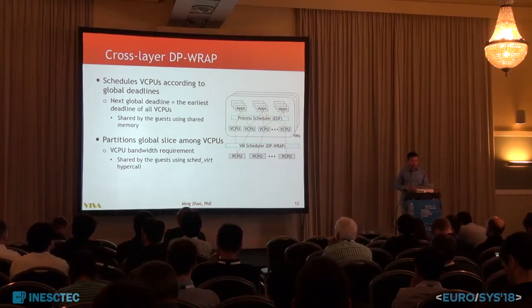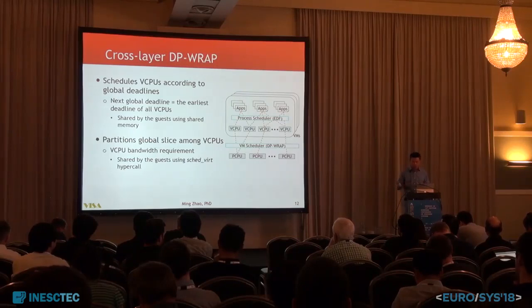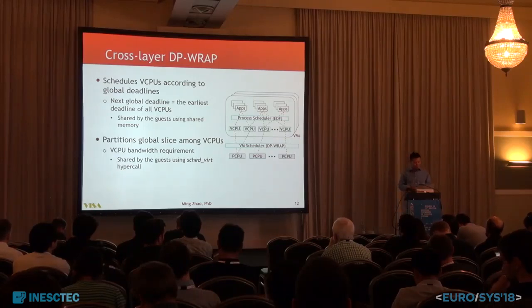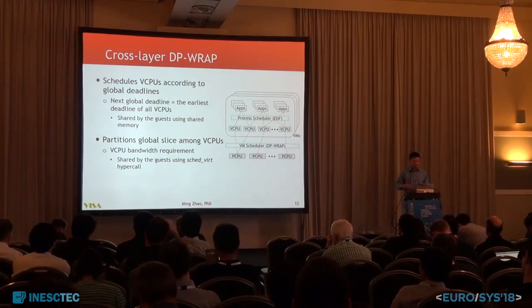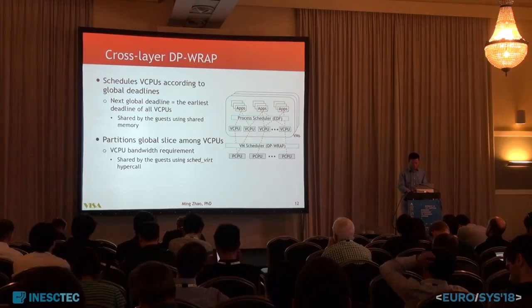So the next global deadline is the earliest deadline of all the vCPUs, and the global slice is the time slice between two consecutive global deadlines from the vCPUs. We partition the global time slice among the vCPUs in the same way DP-Wrap works. The vCPU's bandwidth requirement is shared from the guest to the host by using the RTVirt hypercall, and the global deadlines are shared from the guest to the host by using the shared memory.